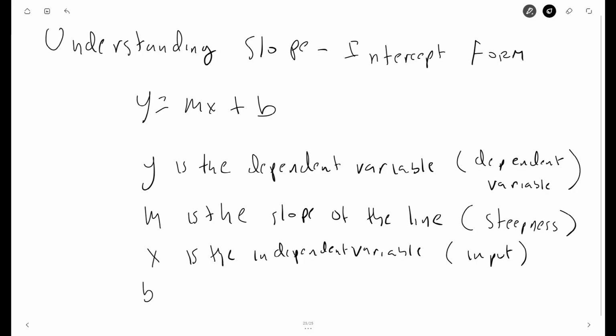And b is the y-intercept. So this is where the line crosses the y-axis.